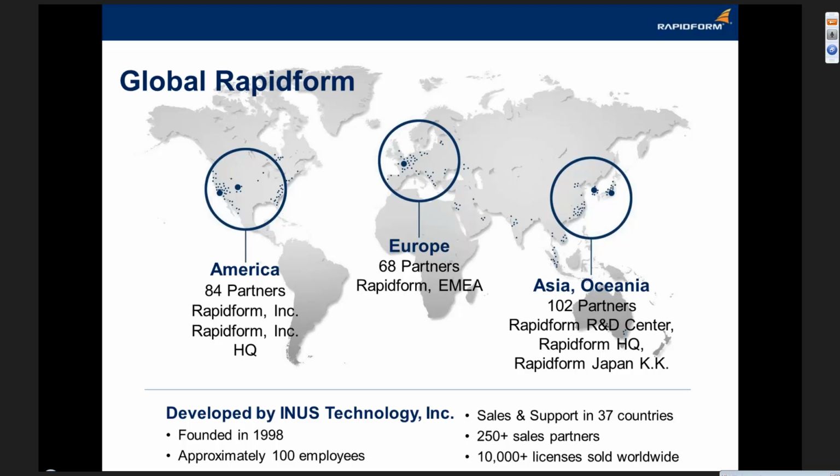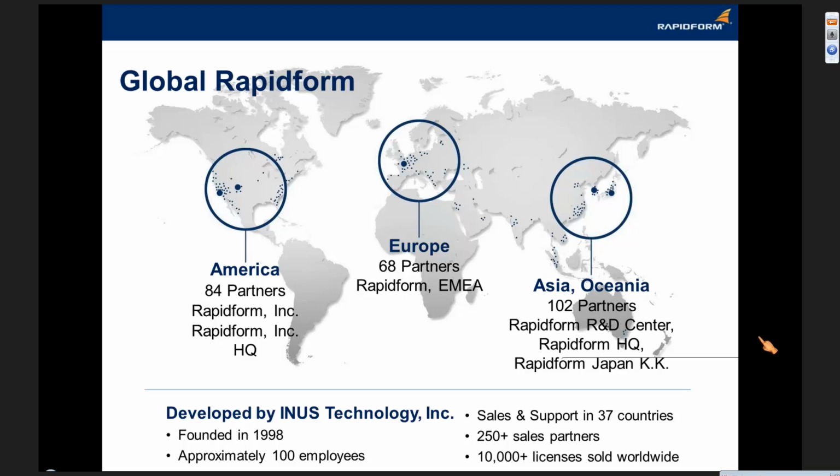There's a Rapidform R&D Center, Rapidform HQ, and Rapidform Japan. And we have a second branch in America, which is Rapidform Inc. with 84 partners. And we have a third branch in Europe with 68 partners, and this is Rapidform EMEA headquarters.